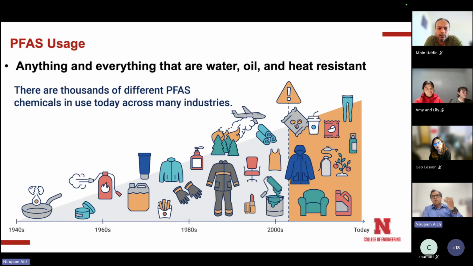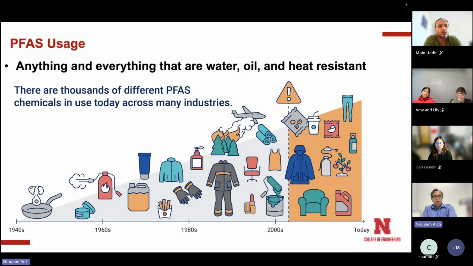Because we are creating a water-resistant layer on the surface, and we are using PFAS for that. So if you think plastic is bad and paper is good, probably not the case. Actually, paper making industries use probably one of the highest amounts of PFAS in the world. Okay, so it's really crazy to think about it, but this is the true nature.